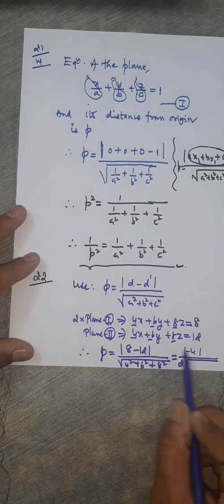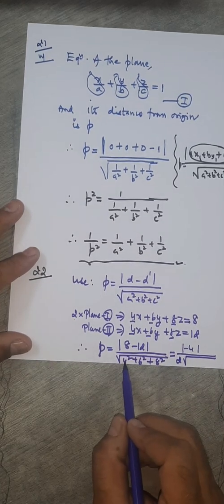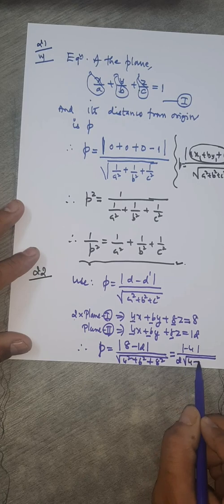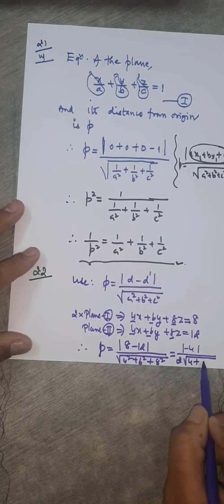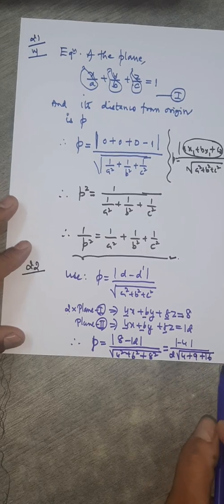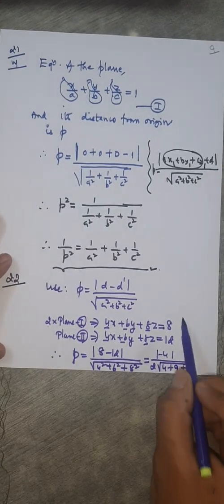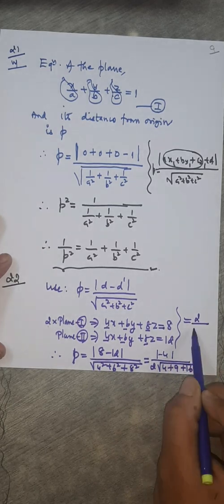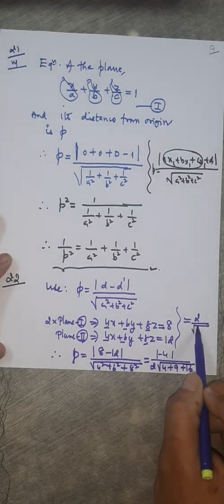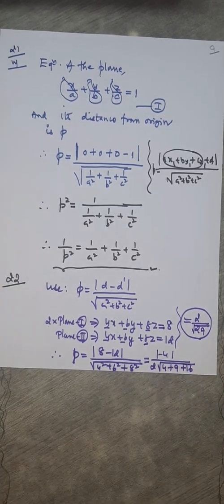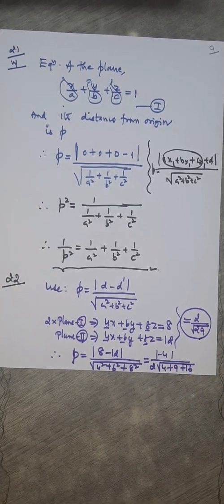And what will we get inside? This is simple simplification. If you take 2 square common, this is just 4, this is 9 and this is 16. So finally, if you simplify, this is 2 by root 29. And which option is that? D.